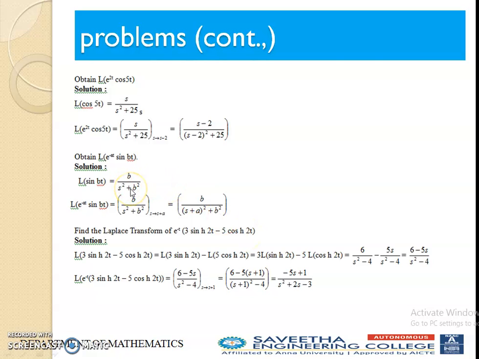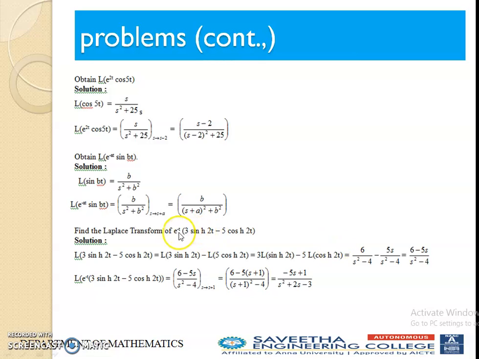Here plus signs appear, but for a hyperbolic function we take minus. Similarly sin h at is a divided by s square minus a square. Using those formulas we write the solution, and apply the same shifting property. So we get 6 divided by s square minus 4, minus 5s divided by s square minus 4. Simplifying, we get (6 minus 5s) divided by s square minus 4.